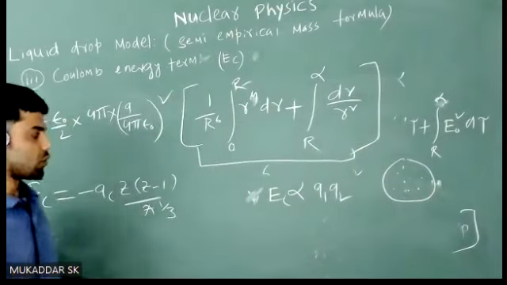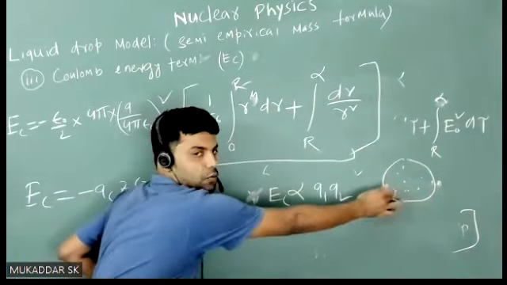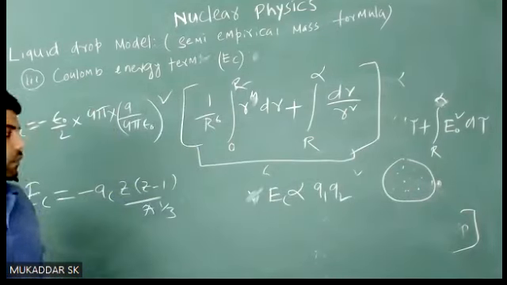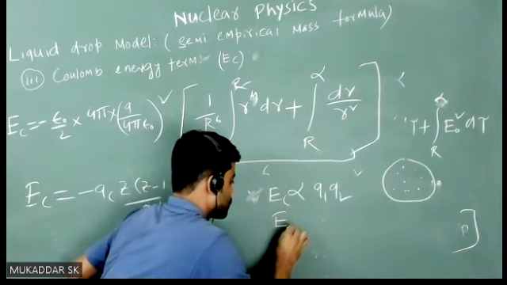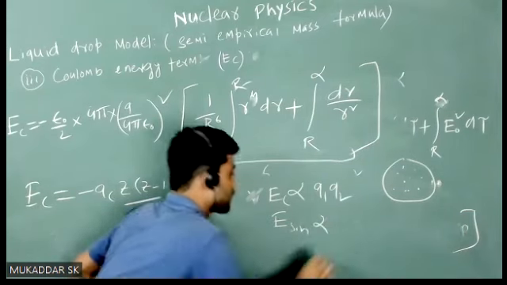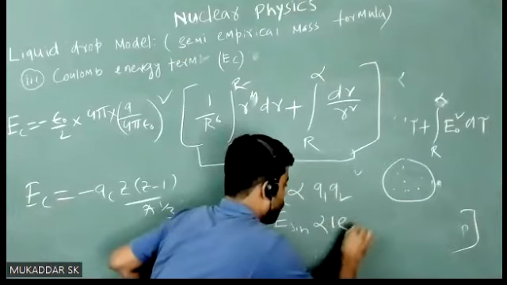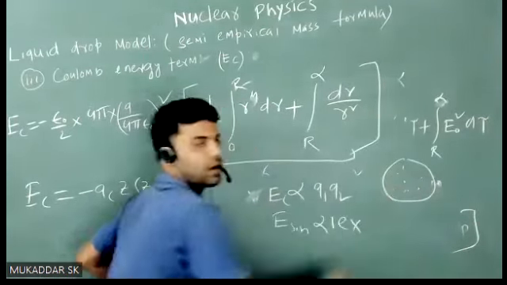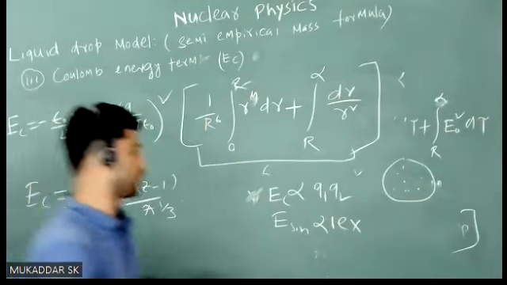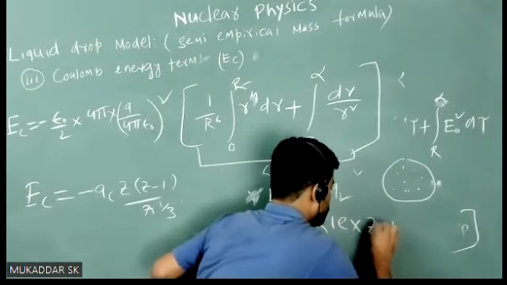So what will be the Coulomb energy of a single proton? It will be the charge of this proton, which is E, into Q2, and Q2 will be the sum over all other protons. So that will be Z minus 1 into E.